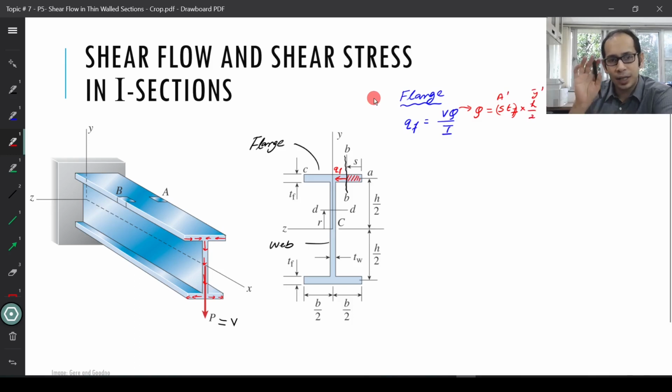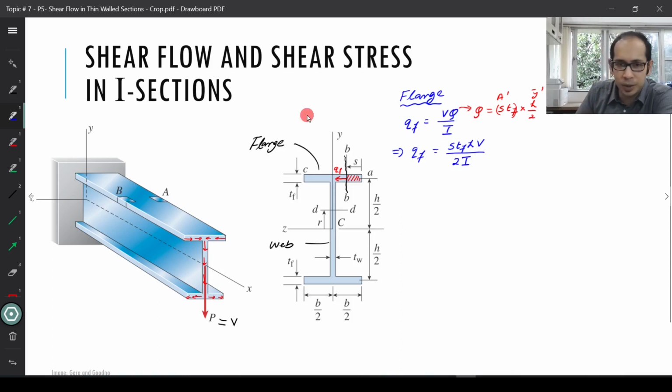Okay, now that I have this, let us put it back in the formula and see what it comes out to. So I have my Q of F. With a bit of rearrangement, what you will get is S t_f h V over 2I. Okay, so this is my formulation for the Q of F.